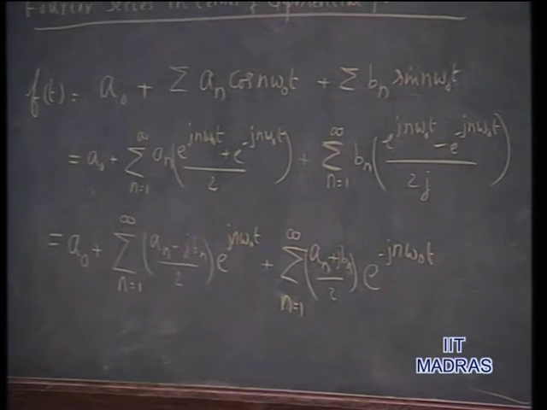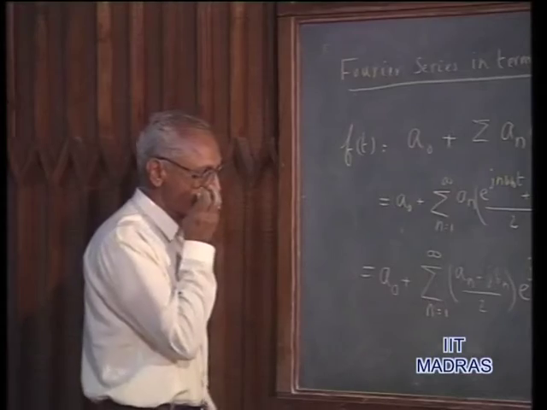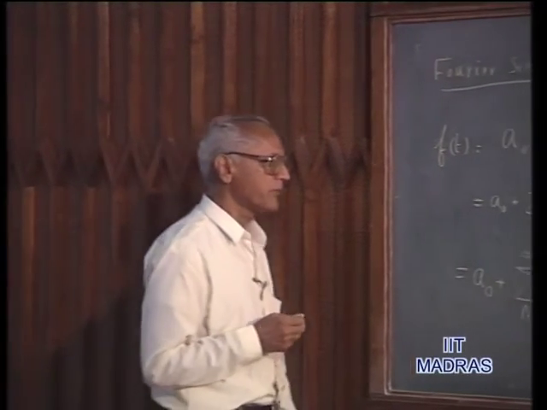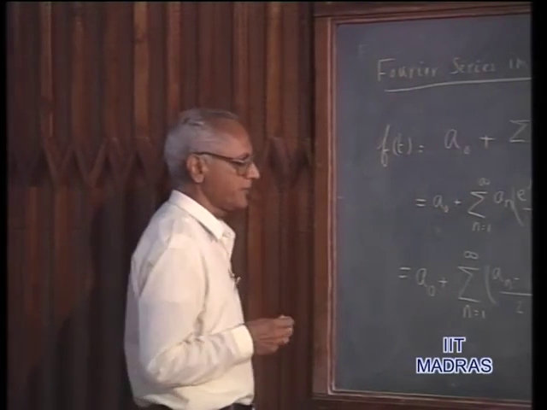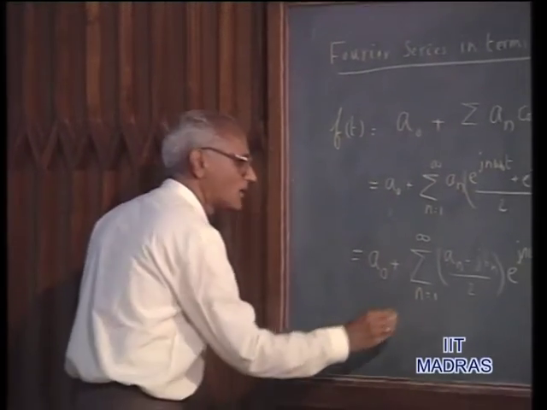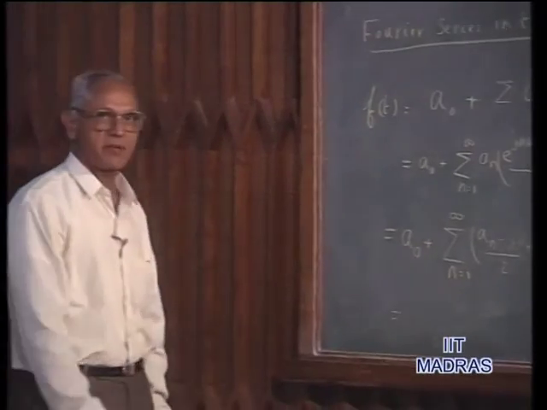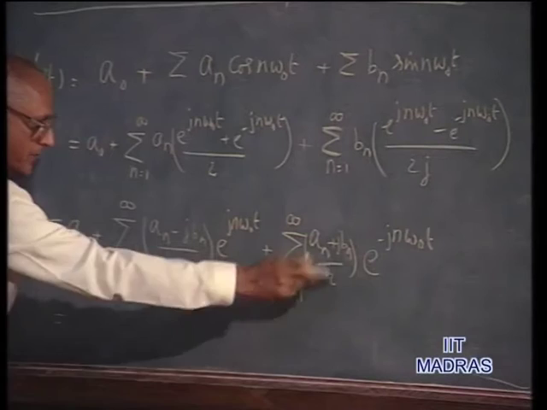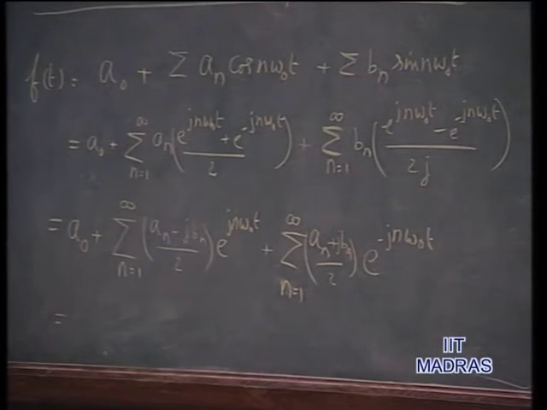Now, in the context of expansion in terms of Fourier exponential functions, we would like to indicate the coefficients in a different way. So we will call this C n, a complex number C n, and this will be C n conjugate. And since we are giving the symbol C to the various coefficients, we may as well call this C naught.